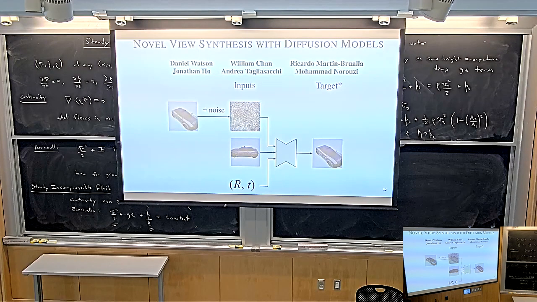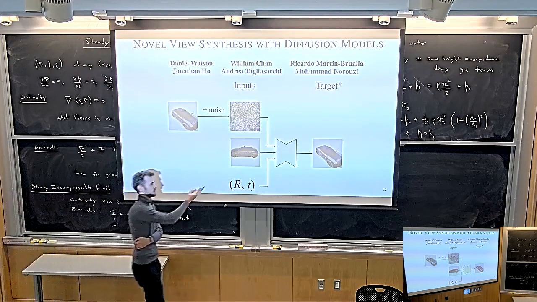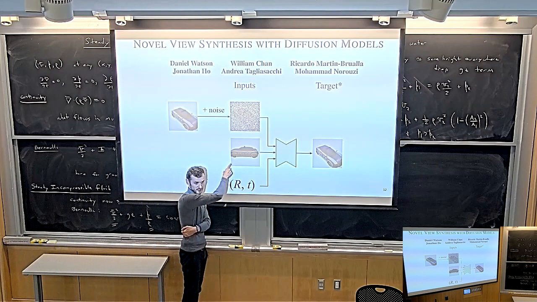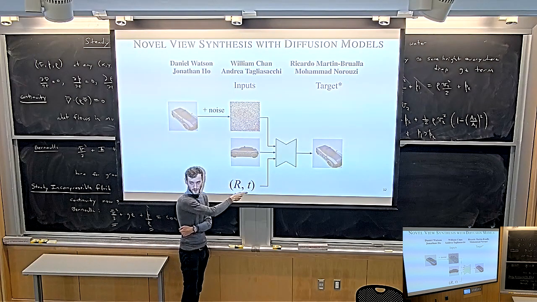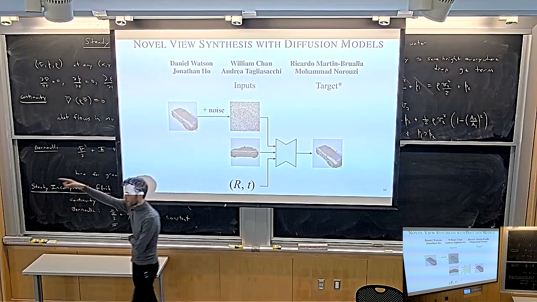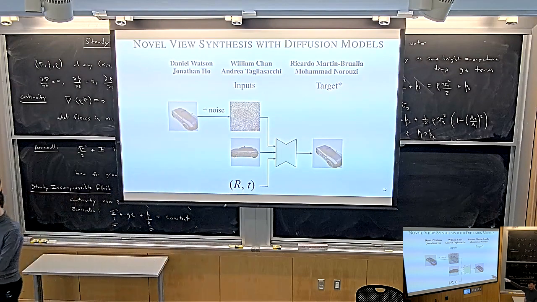Okay, so let's think a little bit about what the noise level does. So what do you do at test time? At test time, what this model allows you to do is that you give it just one context image, then you give it an arbitrary camera pose, and then you give it perfect noise. Because, of course, at test time, you don't have the ground truth target image.